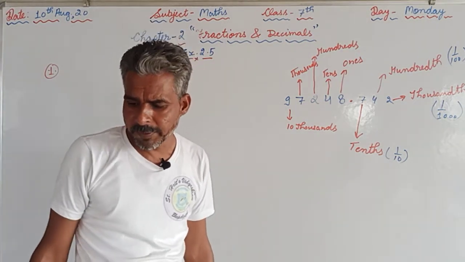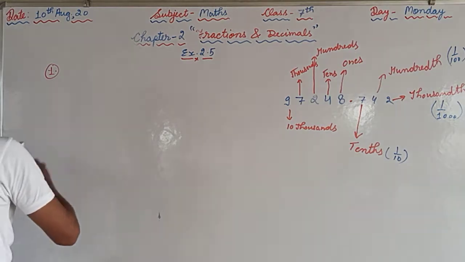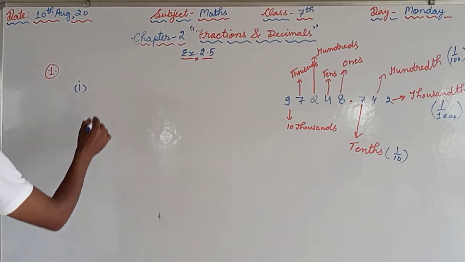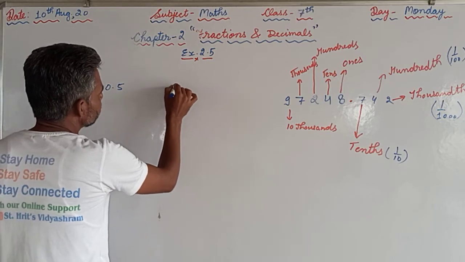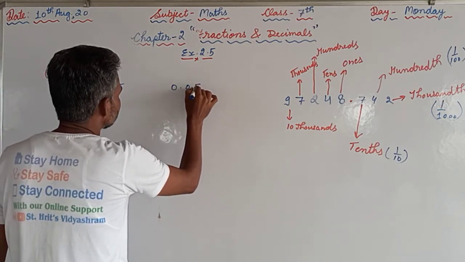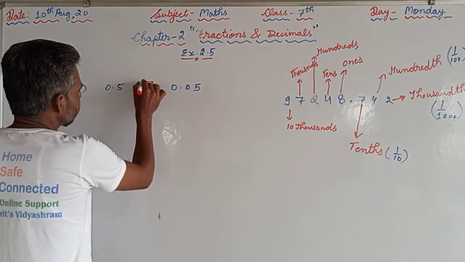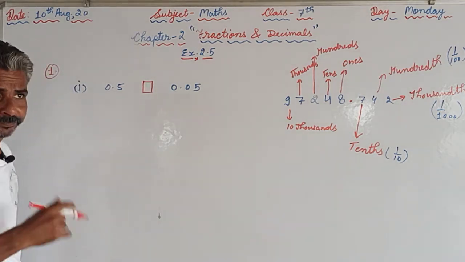Now we are supposed to compare some decimals, which one is greater. So the first part is 0.5 or 0.05. First of all we will make them like decimals.